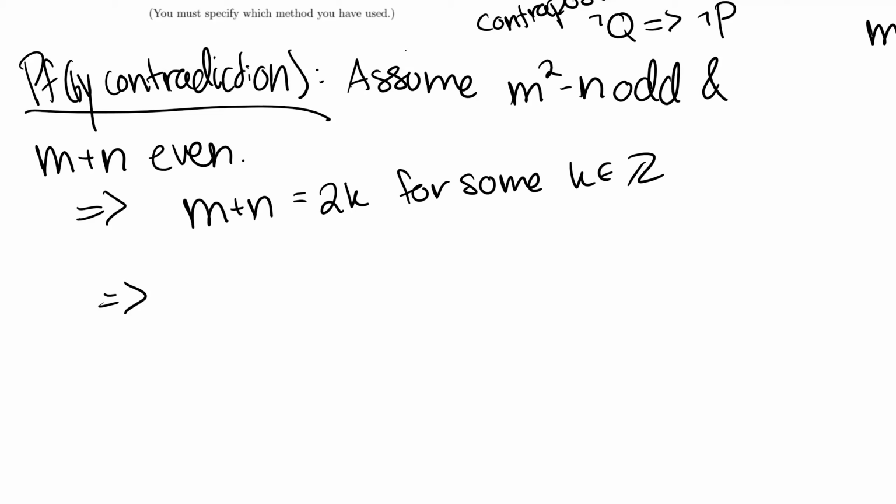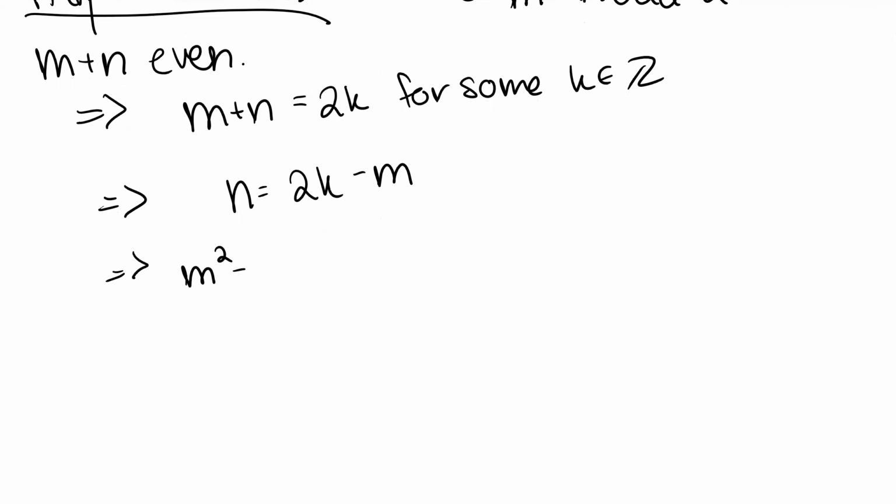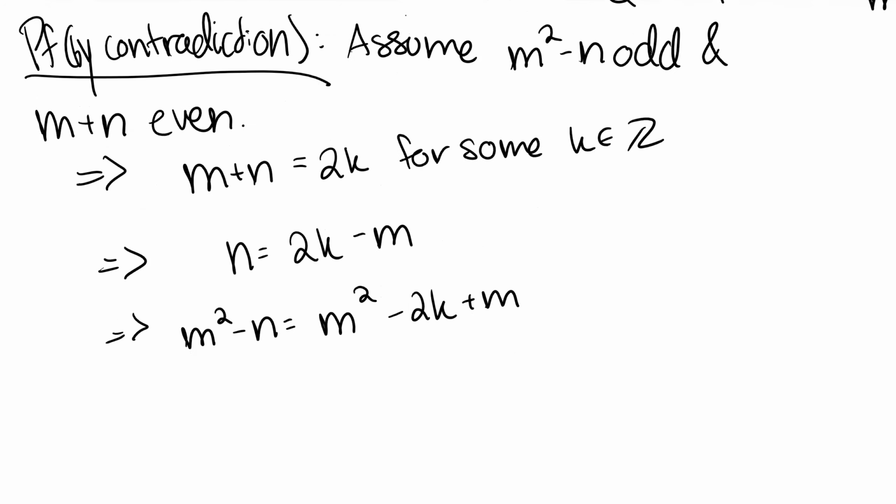Now maybe I simplify by saying n equals 2k minus m, and now we plug it in. So we have m squared minus n equals m squared minus 2k plus m. This is somehow odd, so this must equal 2l plus 1 for some l in the integers.